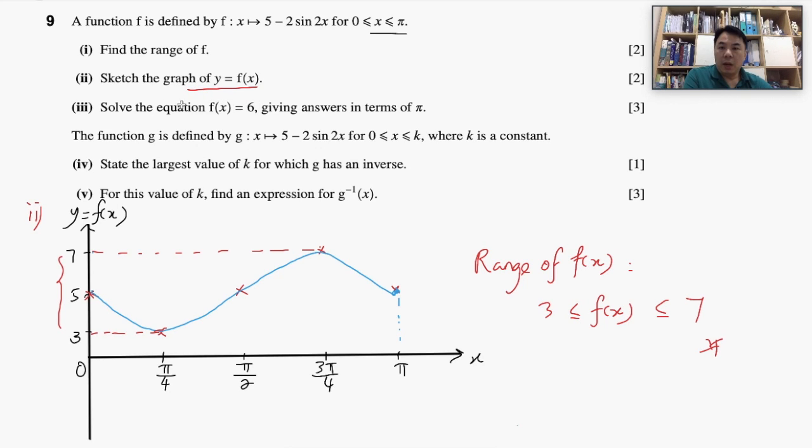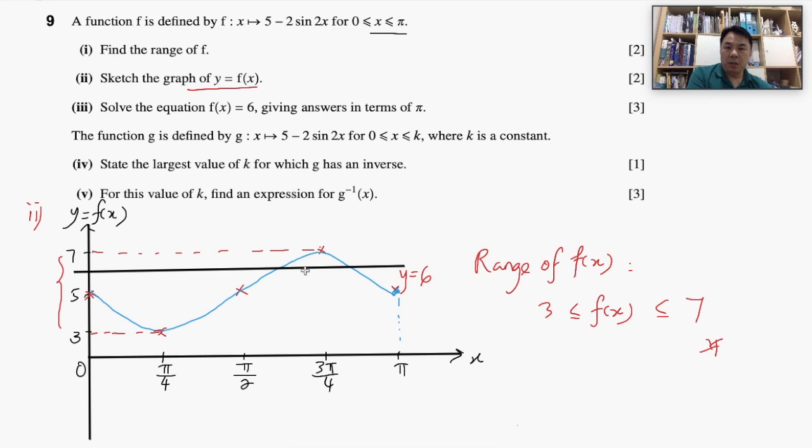We are done. Now we need to solve the equation f(x) equal to 6. f(x) equal to 6 basically means we are trying to find the intersection between this straight line y equal to 6 and the sine graph f(x).